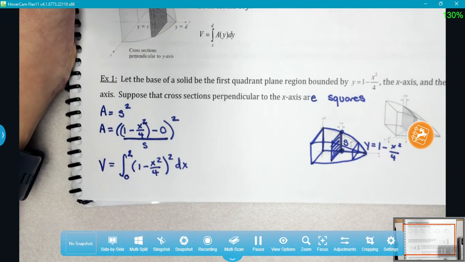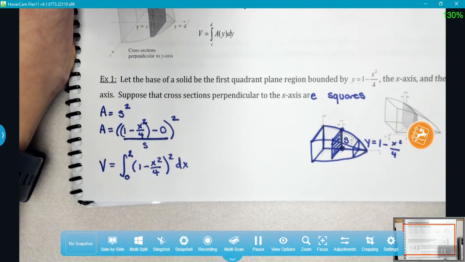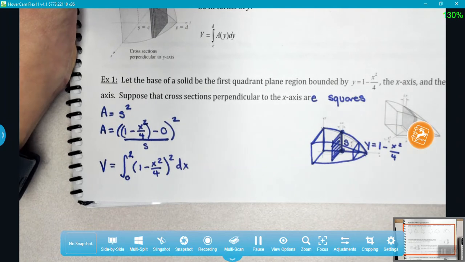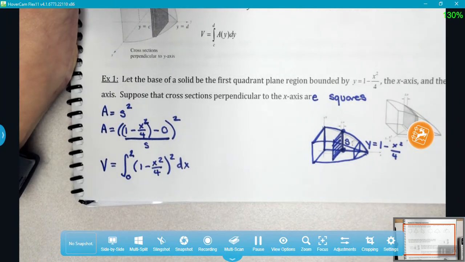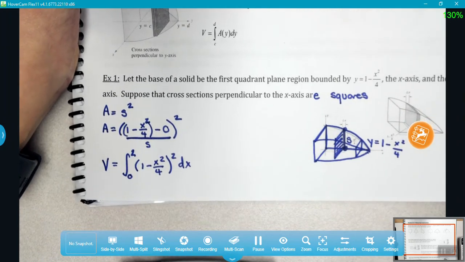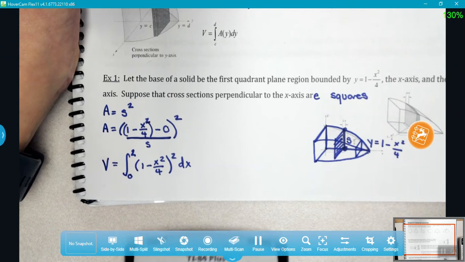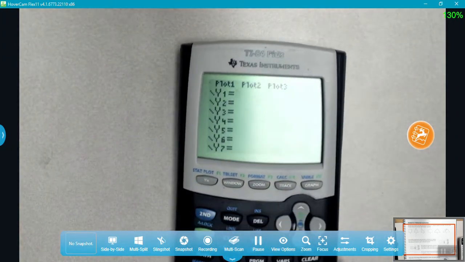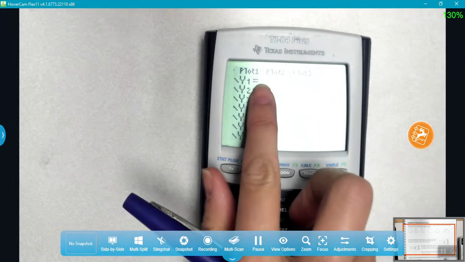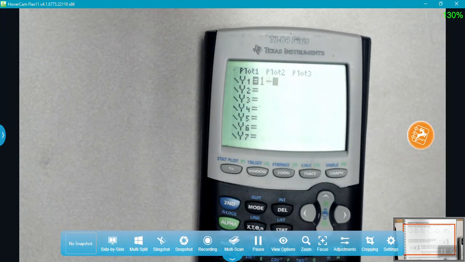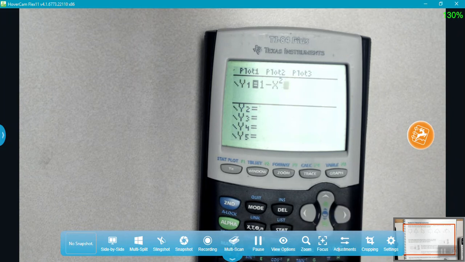All right, so now we'll integrate this with the calculator. Things are going to start to get a little complicated. So if you want to, in your calculator, plug it in y1, especially if you have two equations, it's probably best.